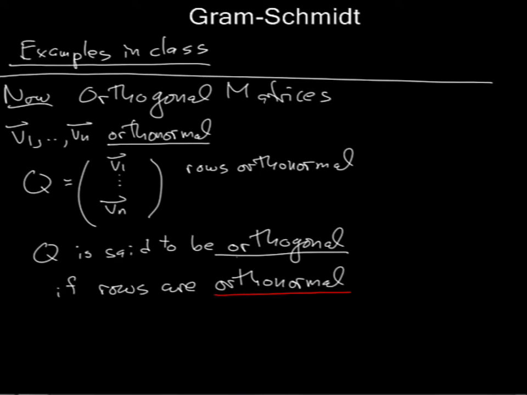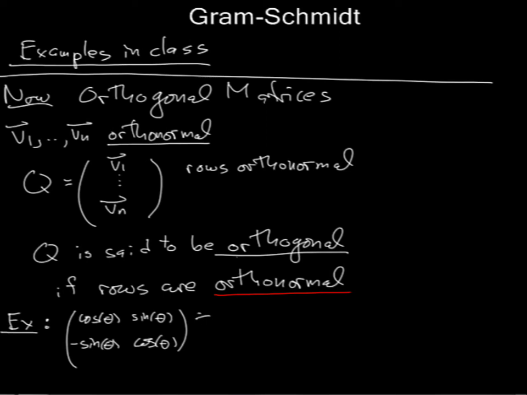Now, the terminology is a little funny. You might want to call this an orthonormal matrix, but it's an orthogonal matrix, and I'll say something about why the terminology is such in a minute. So here's an example. Take this matrix: cosine theta, sine theta, minus sine theta, cosine theta.